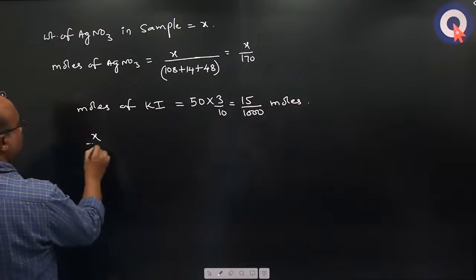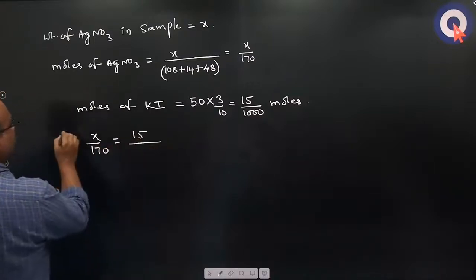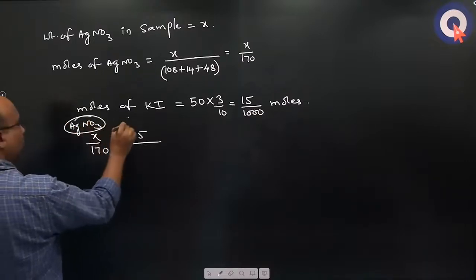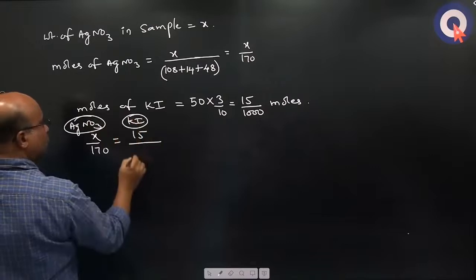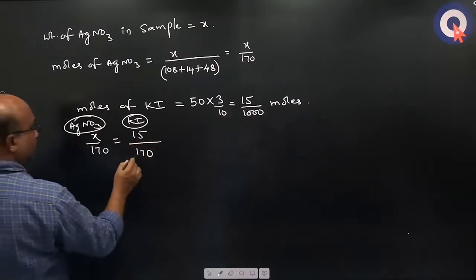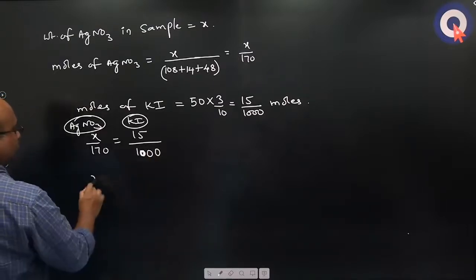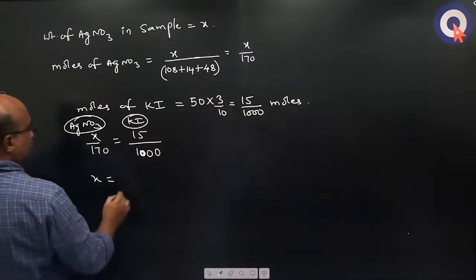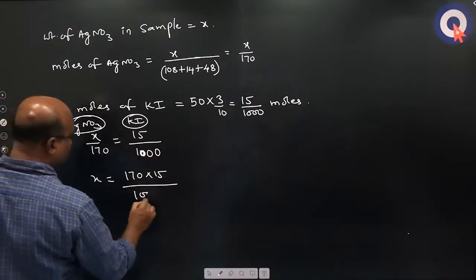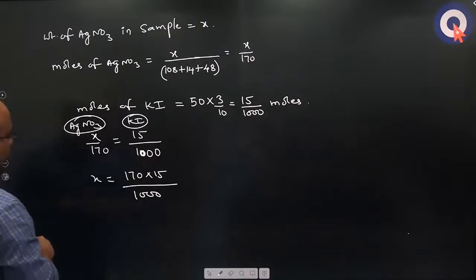So x by 170 is equal to, that is moles of silver nitrate should be equal to moles of KI, so 15 by 1000. So what is x? It is 170 into 15 by 1000. This comes to around more than 1, I think.